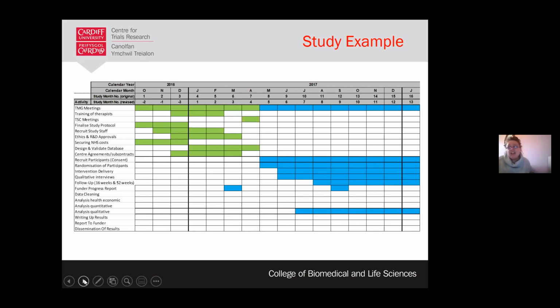This is an example of a study Gantt chart from the centre. As you can see, we've broken down activity, management meetings, training people, finalising protocols, and your project Gantt needs to be in that amount of detail so you can actually plan and then resource appropriately.